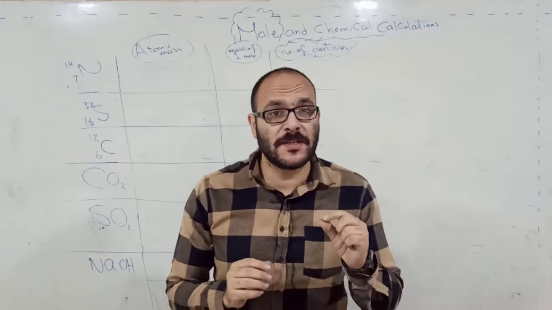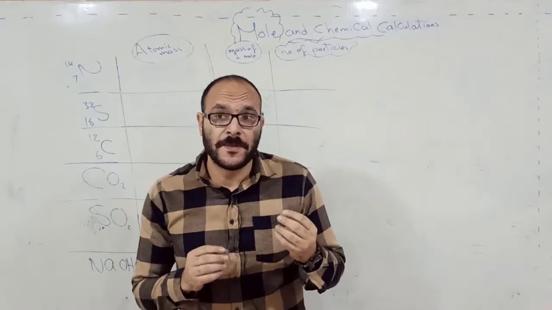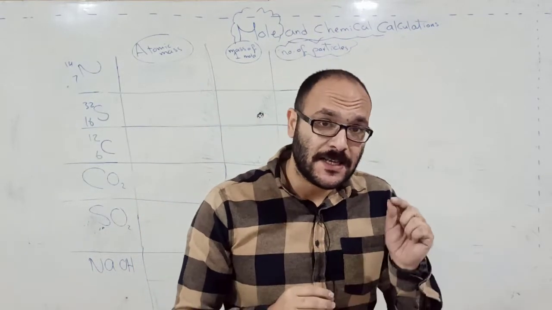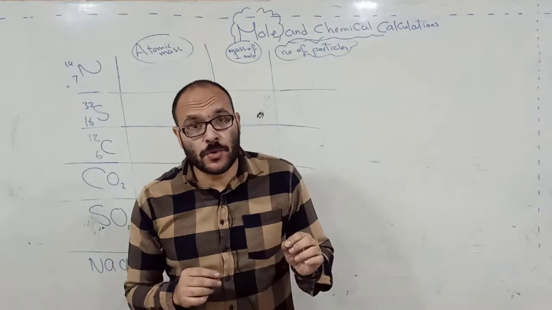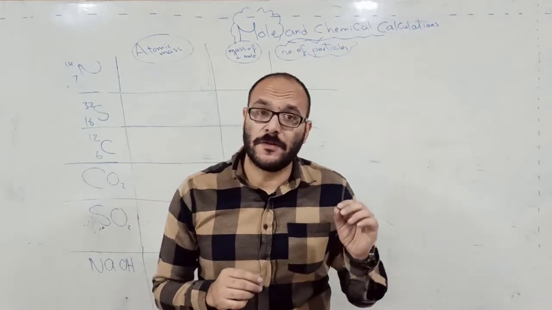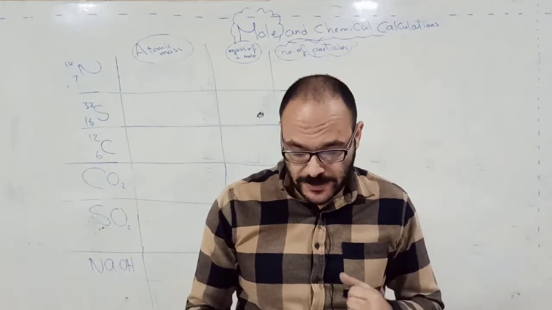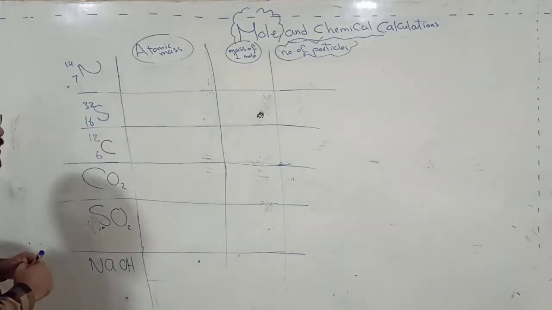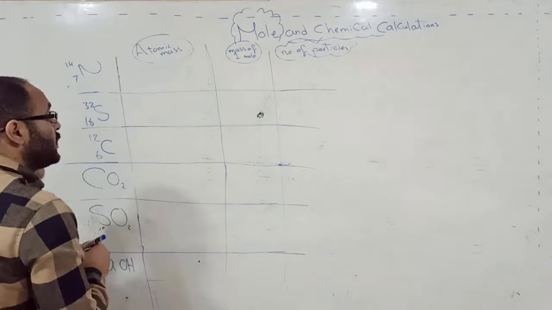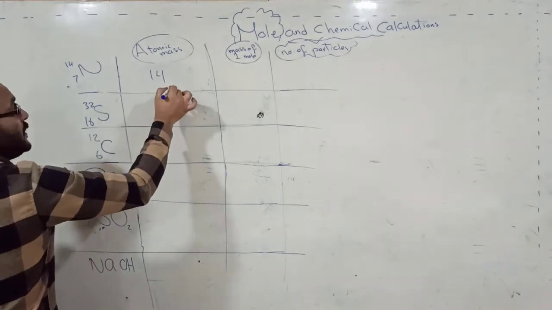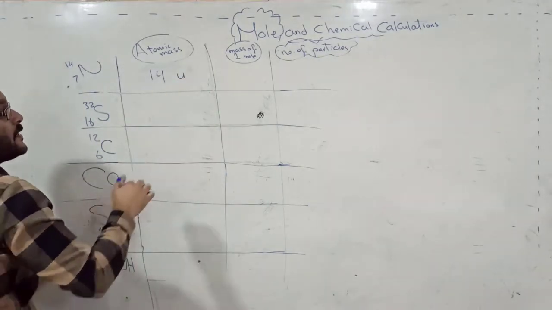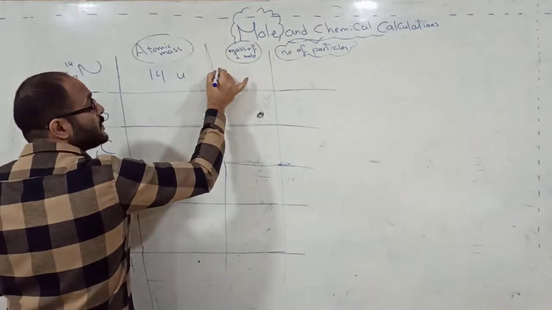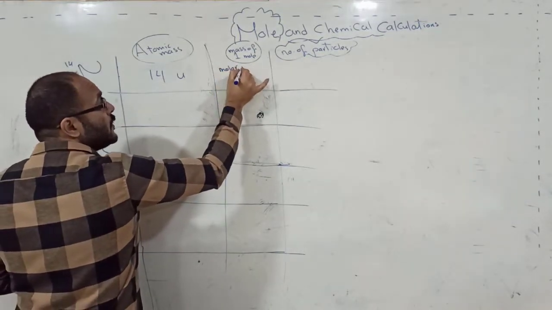So we know that 1 mole equals the atomic mass of an element in grams, or the molecular mass of a compound in grams. If we wanted the atomic mass of nitrogen, N 7 14, it will be 14 units. And the mass of 1 mole, we can call it molar mass.